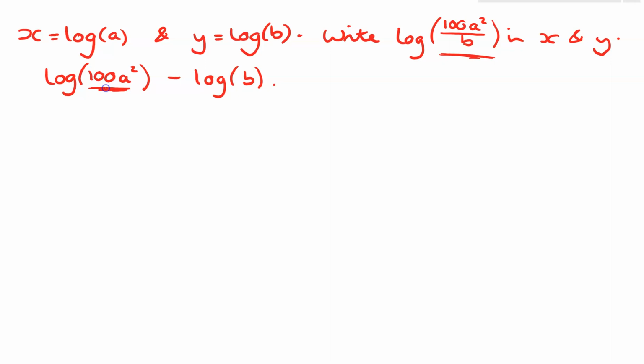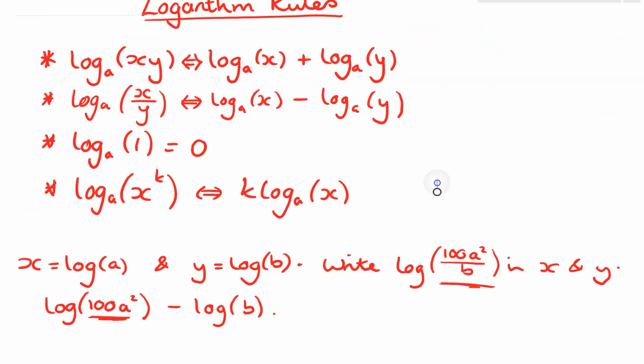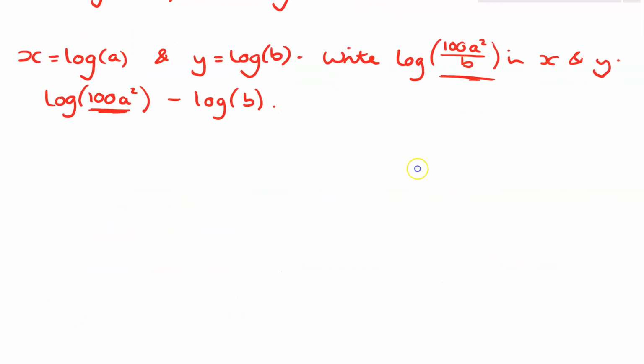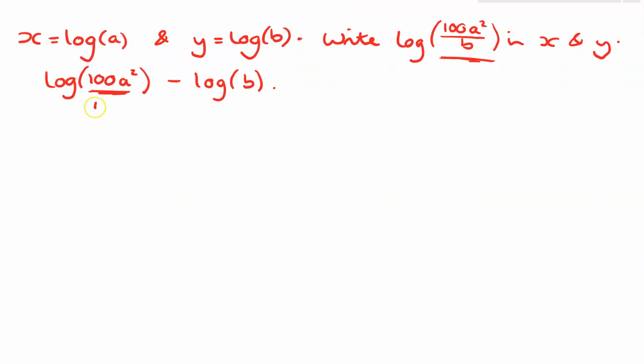This one here is a product, so I'm going to use the first log rule to split that up. So this one goes to log of 100 plus log of a squared, and then this one just gets written on the end, so minus log of b.